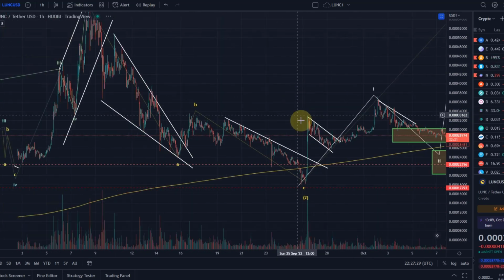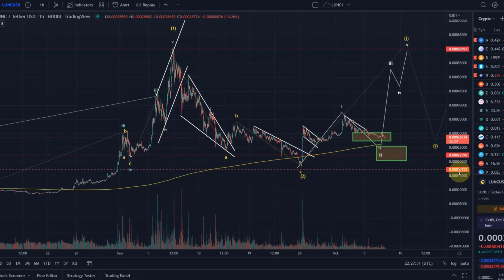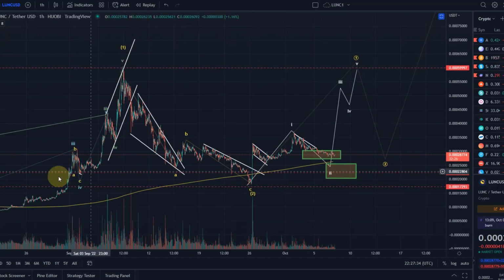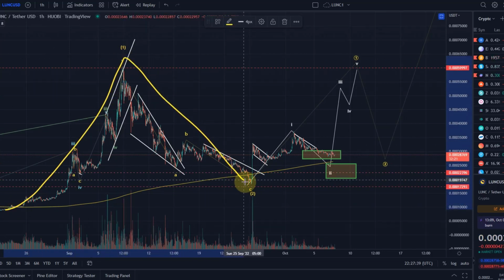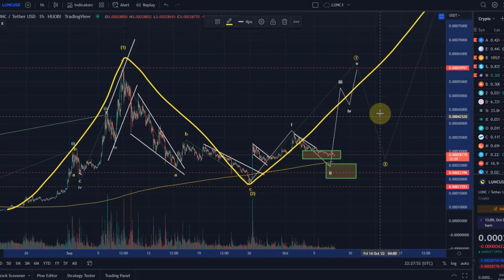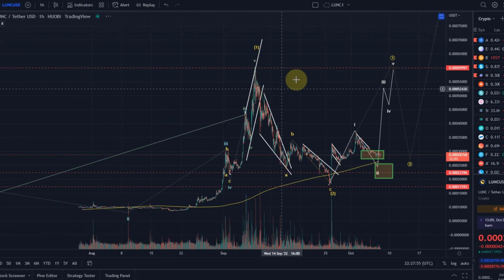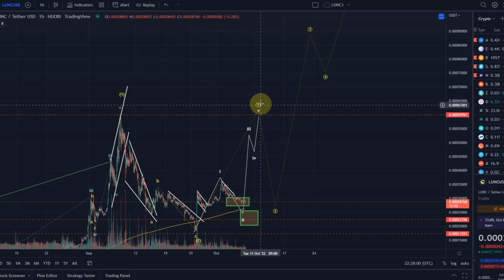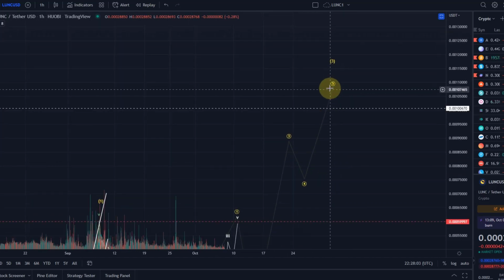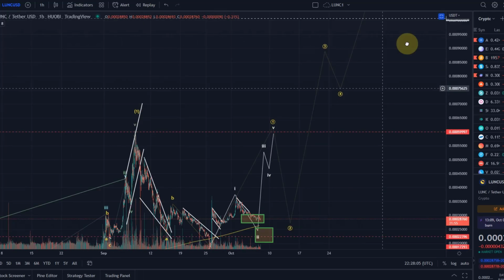So the first potential is that we've obviously formed here, highlighted in yellow, a higher level wave 1, a wave 2 here, which bottomed at 0.01827, which was on the 26th of September, and now we are in this third wave to the upside, which consists obviously of 5 subwaves, and we could now just be in the first one of them, highlighted in yellow here. 1, 2, 3, 4, 5 would then complete yellow wave 3 here.